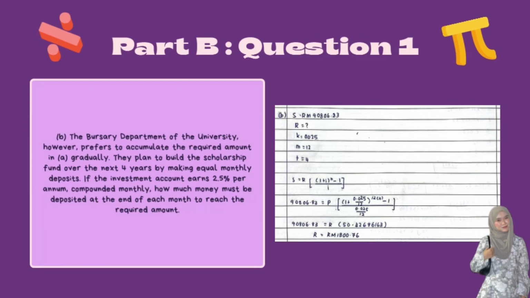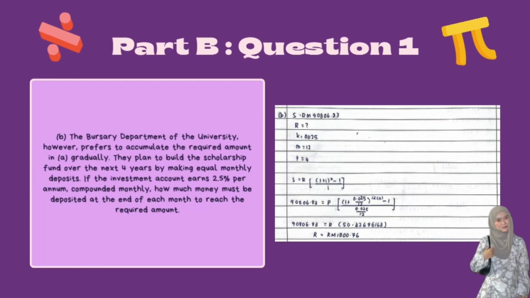We must find R. So the formula that we can use is S equals R in the bracket 1 plus i in the bracket to the power n minus 1 over i. When we substitute it, the amount we put in the formula is 90806.83 equals R in the bracket 1 plus 0.025 over 12 in the bracket to the power 12 multiplied by 4 minus 1 over 0.025 over 12.